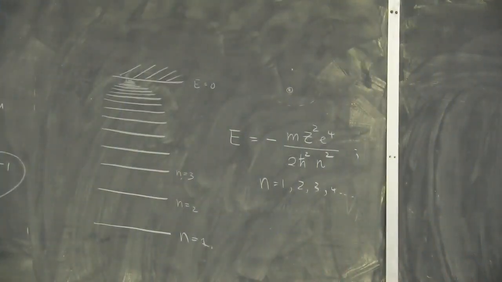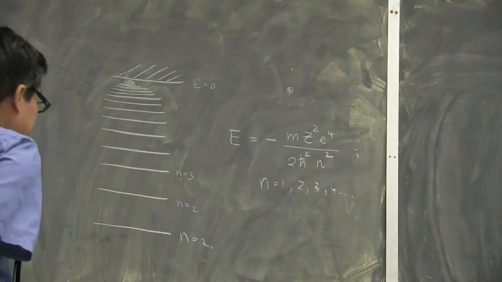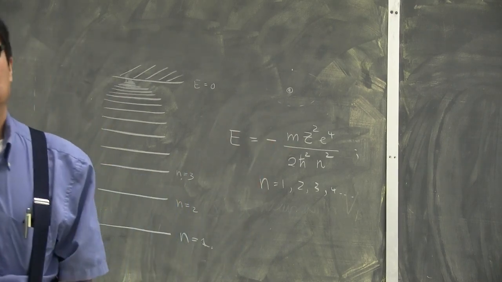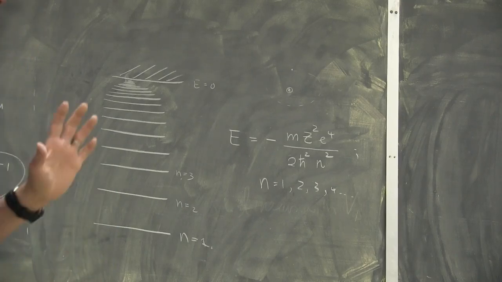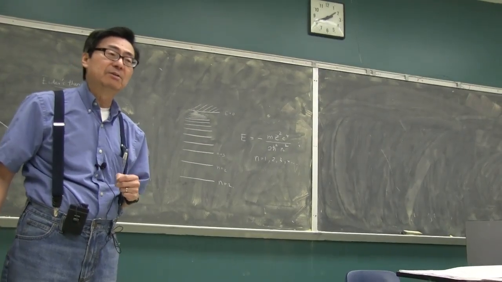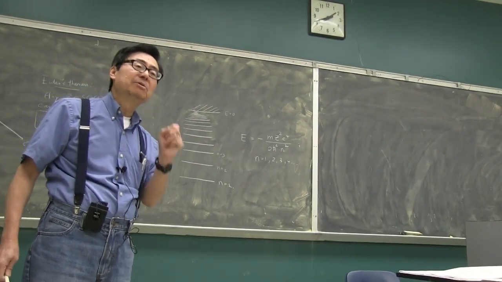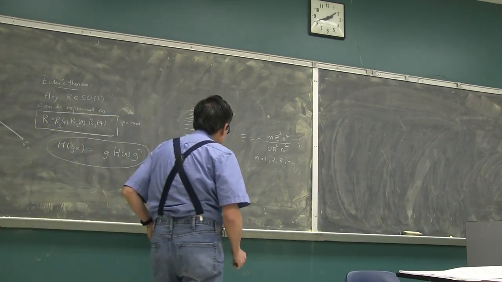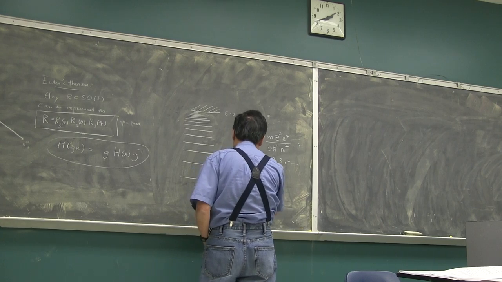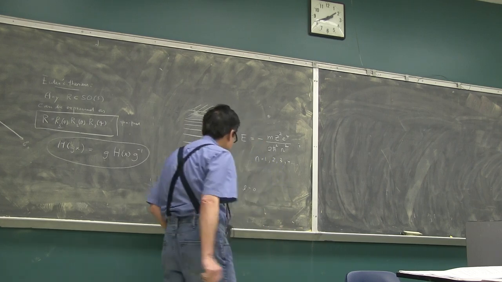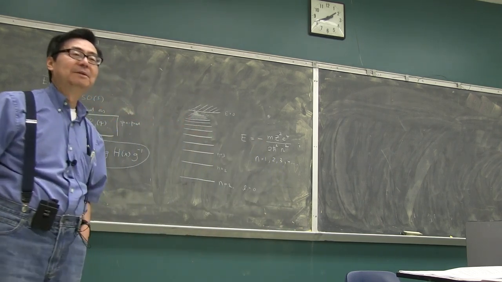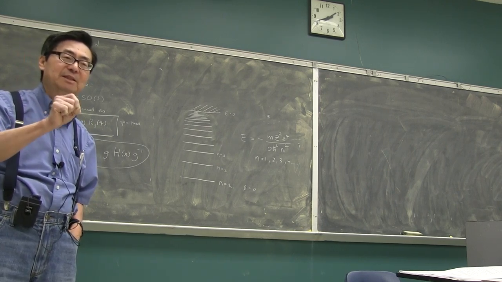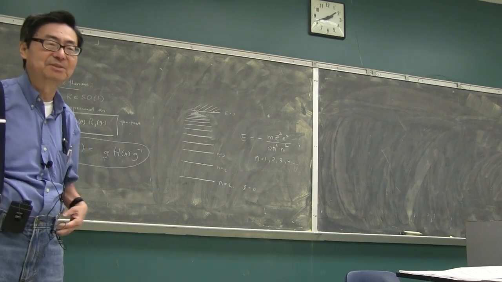Okay. But on an empirical level, what you have is the following: for a particular value of n, there are some L values that are allowed. L can go from 0 to n minus 1. So for example, if n is 1, then n minus 1 is 0, so L can be just 0. That's the only value it can have.